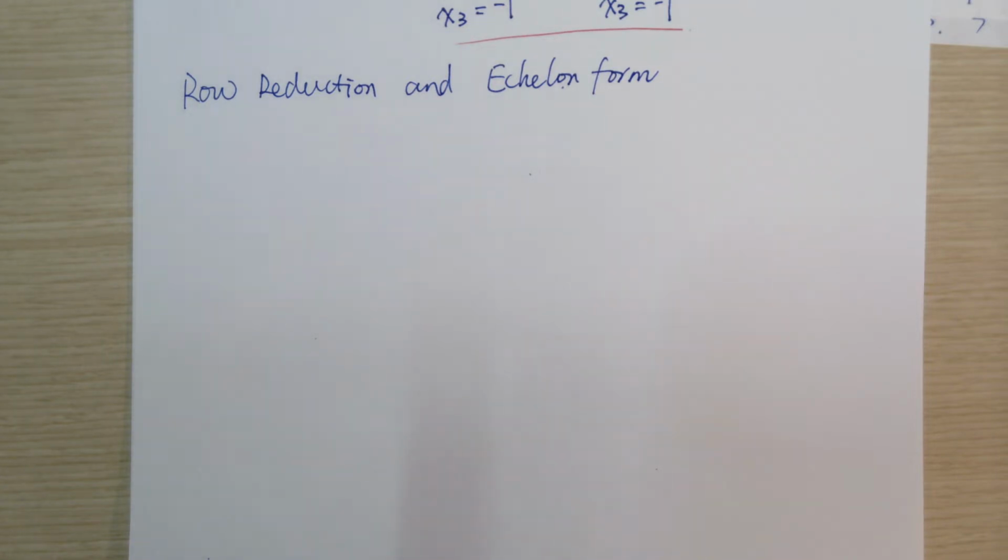We conducted some row operations for the augmented matrix, right? This section is actually an improvement on the method we used in the previous section, and it is called row reduction.